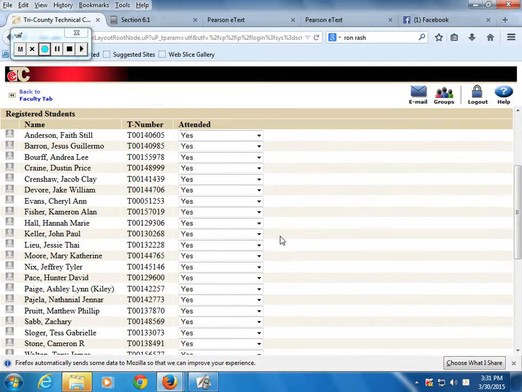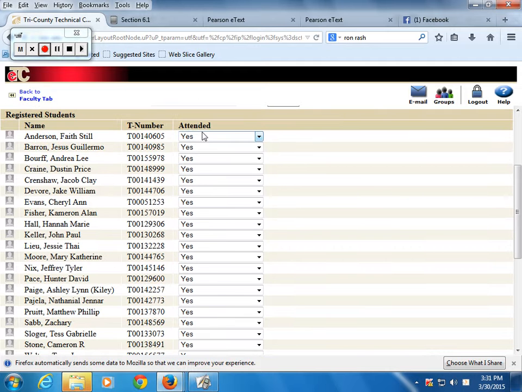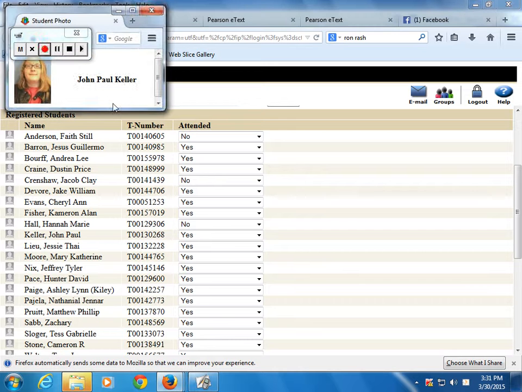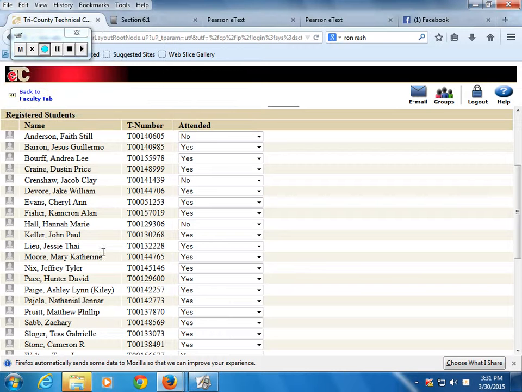Miss Anderson's not here today. It's unusual. She's usually here every day. Barron, he came in earlier. Crane, he came in earlier. Crenshaw, DeVore, Evans is here. Fisher, Hall, she was. Keller is here. Lou is here. Moore, I think she came out of the office.